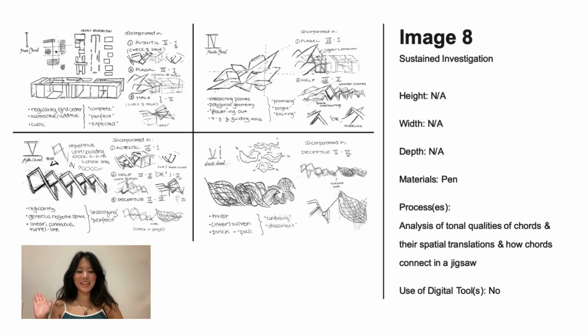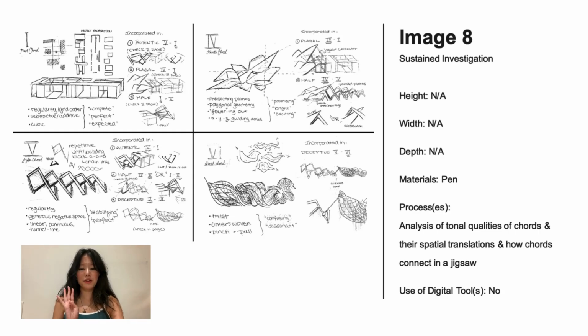Images 8, 9, and 10 are all components of the same project. This was called Constructing Cadences or Constructing Chords. I am an advanced pianist and I've been playing for over 10 years. For those of you who did not suffer through AP Music Theory like I did, chords are very essential to composition, and they're all prescribed in a way that they have a really specific sound.